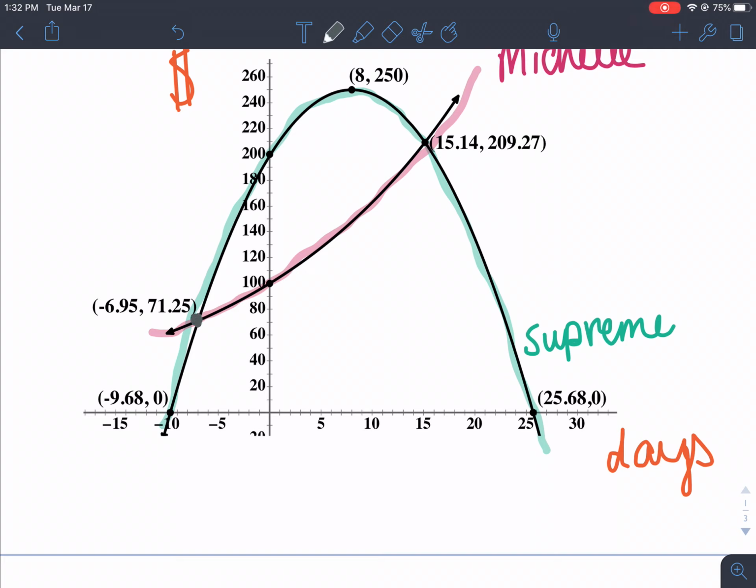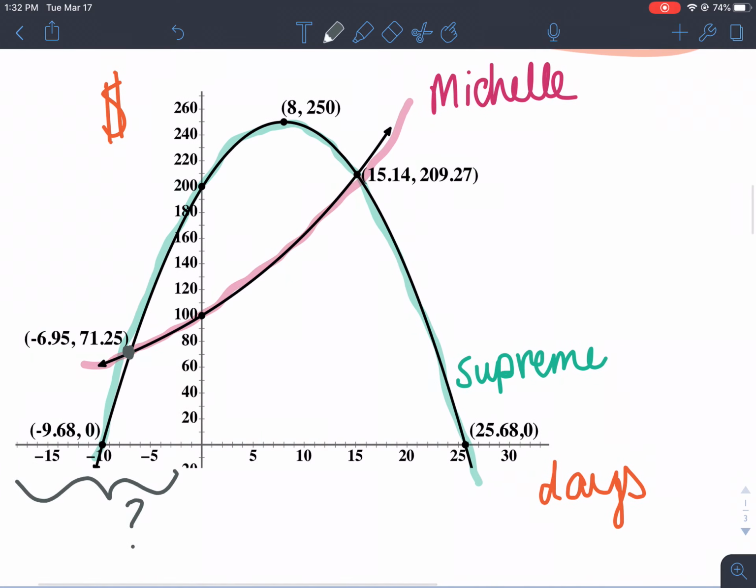This point doesn't actually make sense because it's negative days. If I look at 0, I've got my point here for Supreme and here for Michelle. So Supreme's making 200 and Michelle's only making 100. So I want to follow Michelle's curve until she actually has higher y values than Supreme.